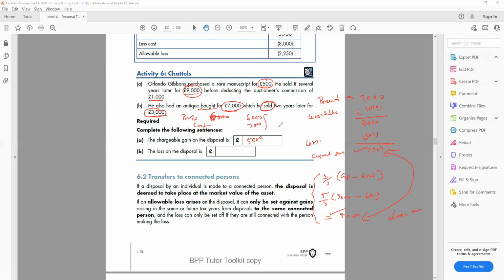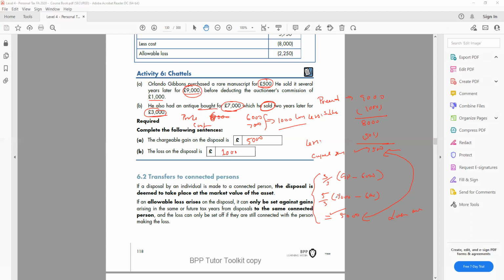So my cost is more than the price I sold it for. So 1,000 is my loss. Do not compare 7 and 3. The loss cannot be 4,000 because it's a chattel and all chattels have to follow the 6,000 rule. So even though you sold it for less than 6,000, it will still be considered 6,000. So 1,000 is our allowable loss.